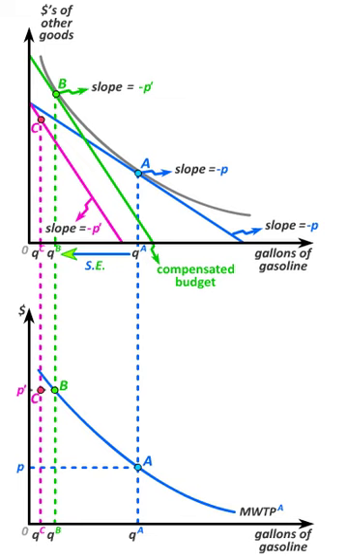And the only time C and B are the same point in the lower graph is if the underlying good, gasoline in our case, is quasi-linear. In other words, if there are no income effects. The marginal willingness to pay curve therefore incorporates only the substitution effect, whereas the own price demand curve incorporates both the income and the substitution effect.